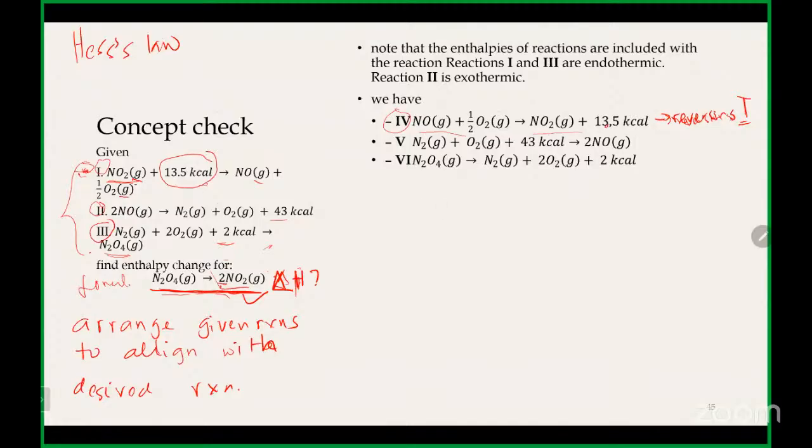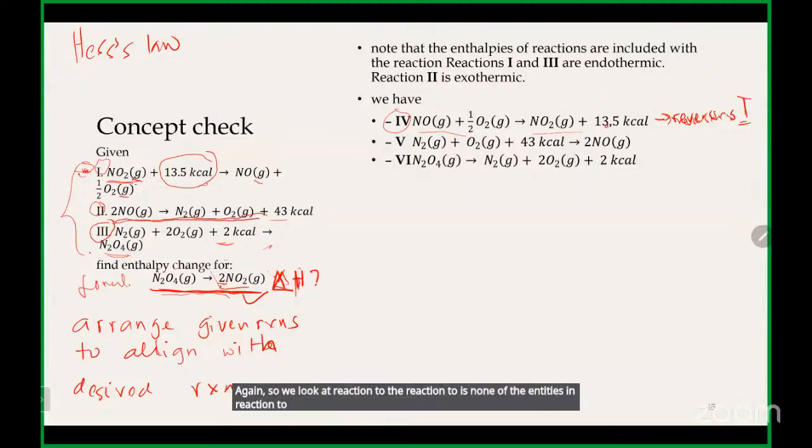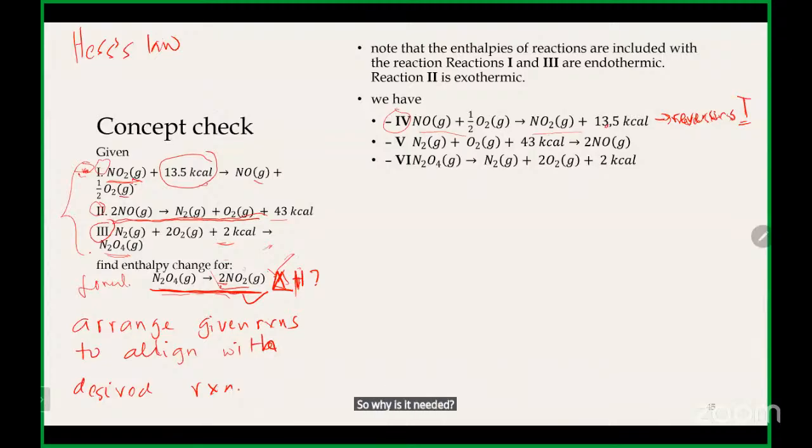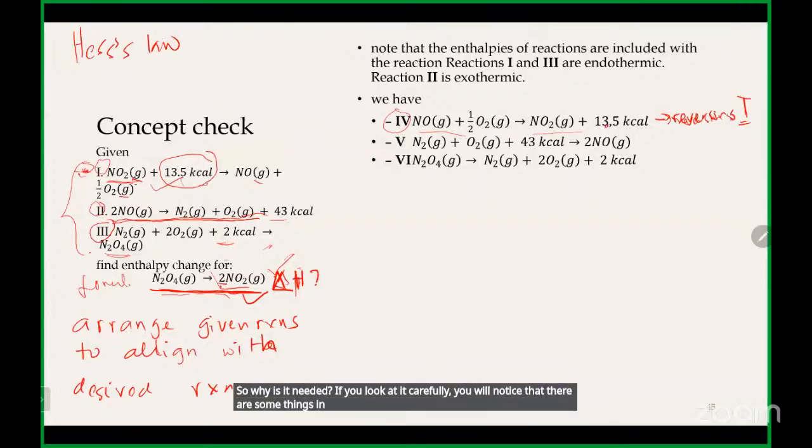Again, if we look at reaction 2, none of the entities in reaction 2 is in the final reaction. So why is it needed? If you look at it carefully, you would note that there are some things in both equation 1 and equation 3 that we need to discard.